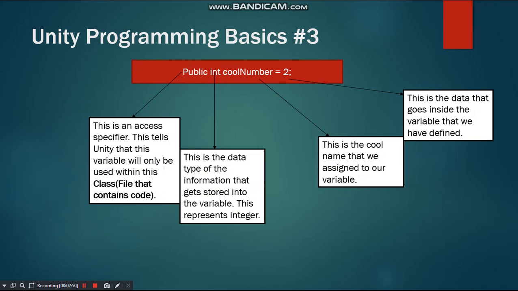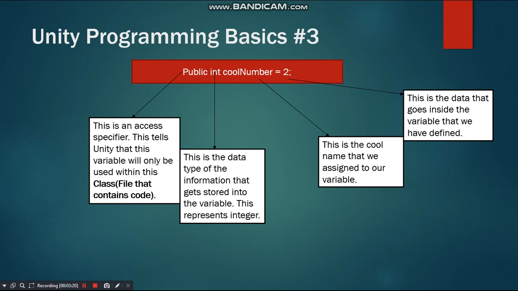Because basically public is an access specifier. This tells Unity that this variable will be used within the class or outside of the class. Everyone will be able to see it, talk to it, and say, hey, I want to change the number. Hey, I want to see the number. Other scripts, other code that you write will be able to see this number. The int is the data type of the variable.